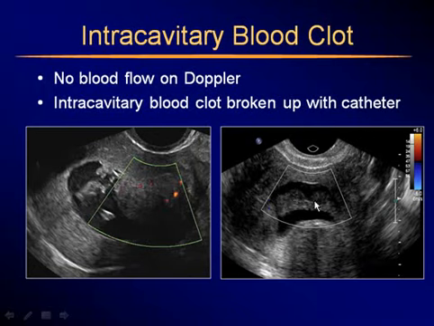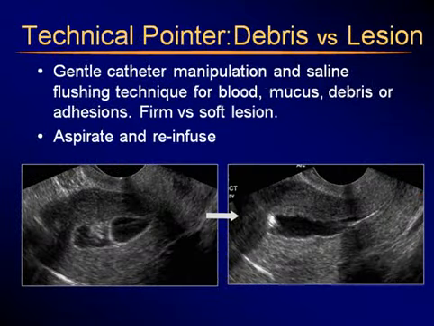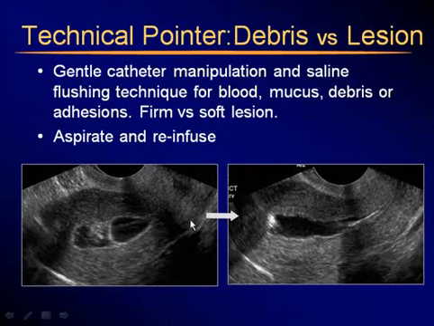When we see these kind of scraggly looking soft tissue densities, we can try to break them up with the catheter. We push the catheter back and forth, we suck out the clots, we might inject a little bit of saline to help them break up. We use a gentle catheter manipulation and this flushing with saline for moving around blood clots, some kind of mucus or debris or adhesions.